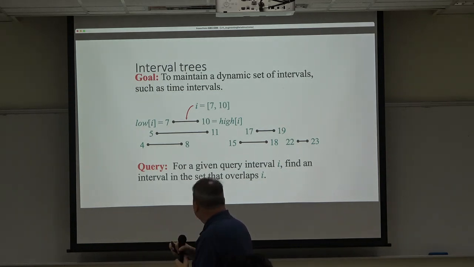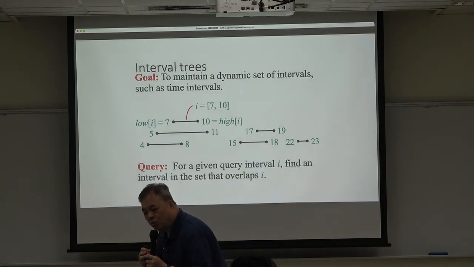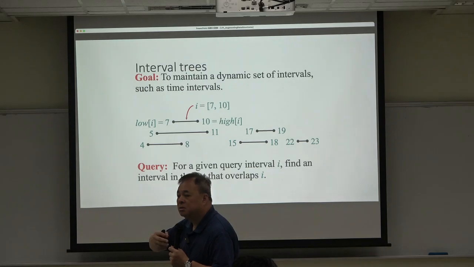For example, for this interval I, the low of I is 7, the high of I is 10. We are only talking about a one-dimensional interval.